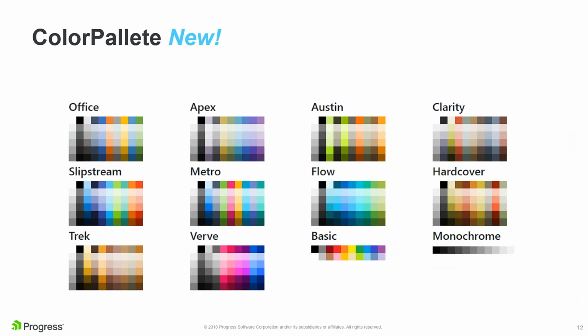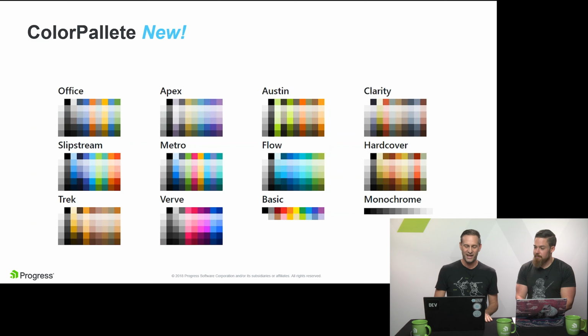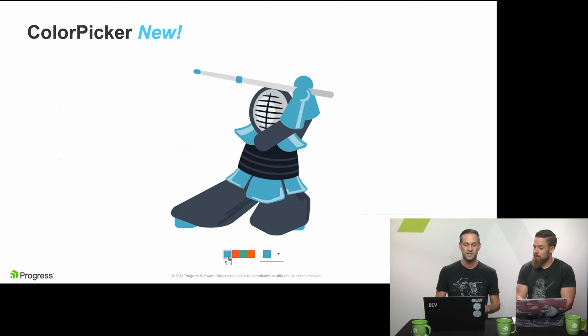So the color palette is one of several new components, and the way that I like to think about these is that your color palette is going to get loaded into your color picker. Also, we have a gradient that you can load into a color picker as well. The color palette is basically your set of a bunch of different colors that you want to give the user the ability to switch between. And you can wrap those up into a nice color picker.